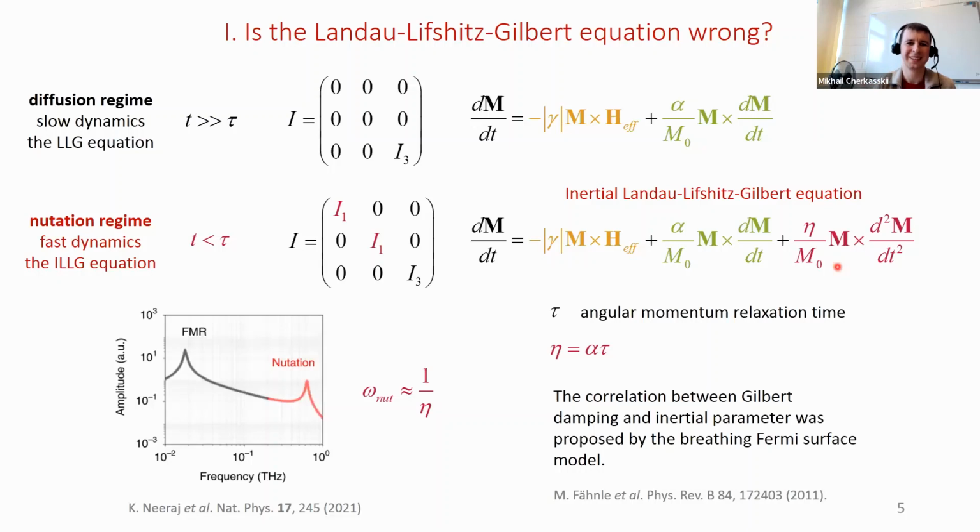Precession. Yes, exactly. So now suppose there's no damping. How would I modify this Hamiltonian to capture the inertial effect? Is that possible?